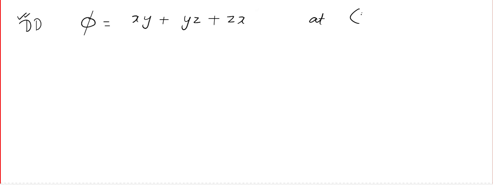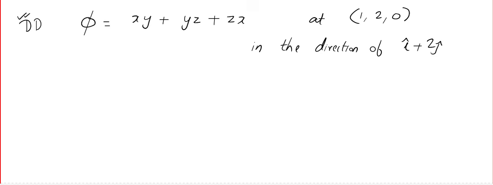Okay, find the directional derivative of the function xy plus yz plus zx at the point in the direction of i plus 2j plus 2k.